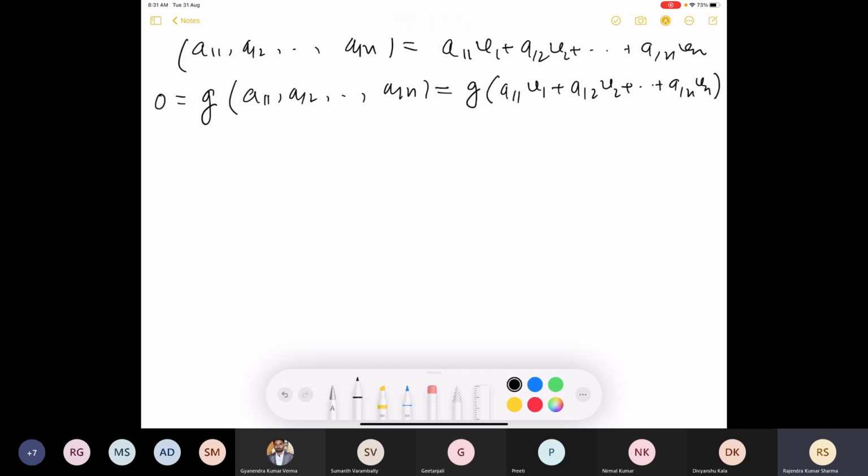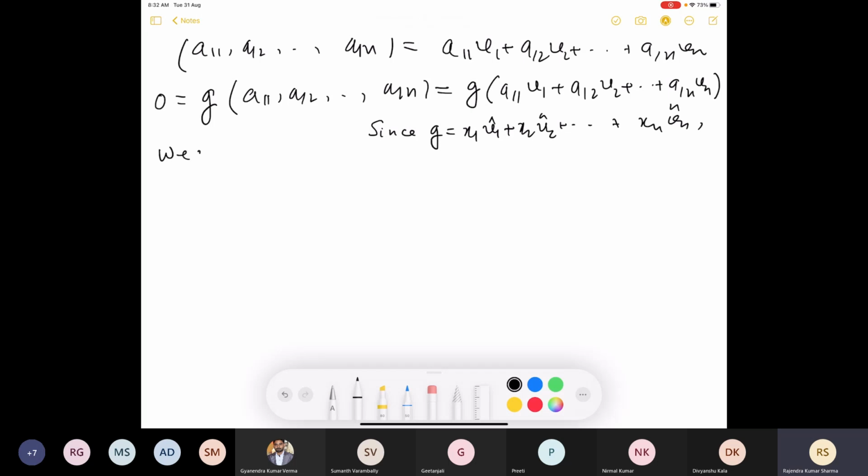Now G is a homomorphism of V into F, and we already know that G is x1 v1 hat plus x2 v2 hat and so on plus xn vn hat.